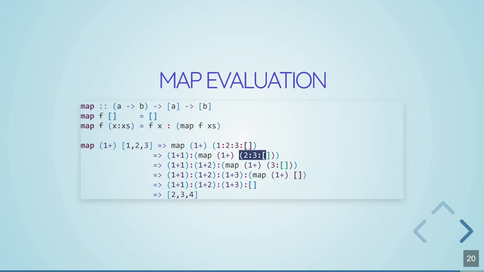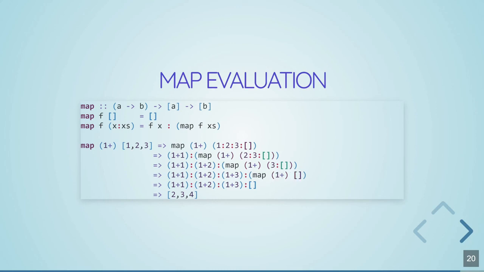There's still a colon here, so it's going to pattern match to this. This time x is going to be 2, and xs is going to be 3:[]. So this time we end up with (1+2) colon map (1+) on 3:[]. This gets evaluated again, and this just keeps happening until we get to map (1+) on an empty list.